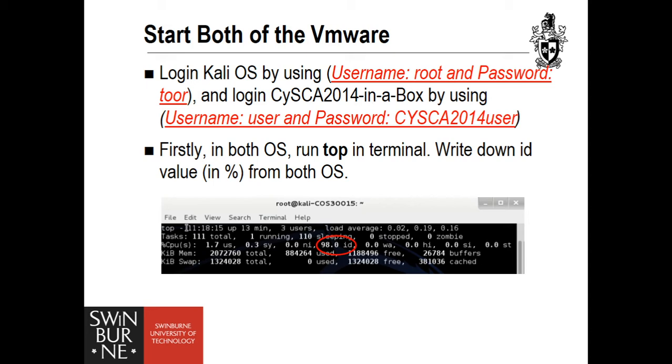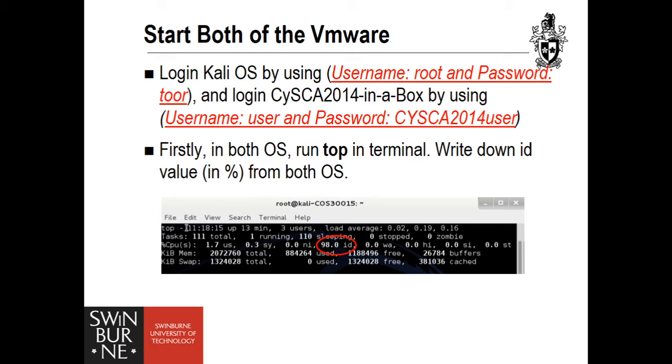In the Kali OS, you need to boot it and then log in using username root and password toor, and then log in for CYSCA 2014. You can use username user and password CYSCA 2014 user.